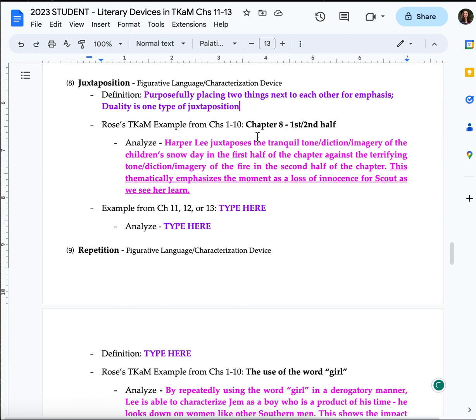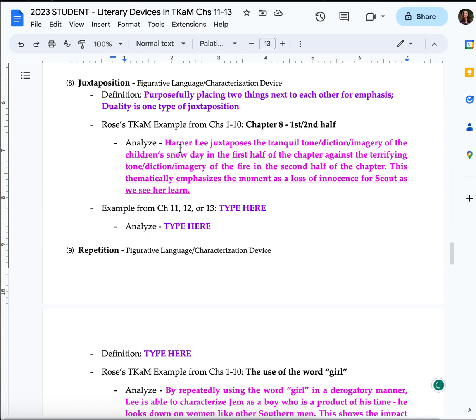My example here is chapter 8. The first half of chapter 8 is our beautiful snow day, and the last half of chapter 8 is the fire. Harper Lee juxtaposes these 2 sections on purpose. She is going to do so to emphasize a theme, so I have chosen that this is really a figurative language device.